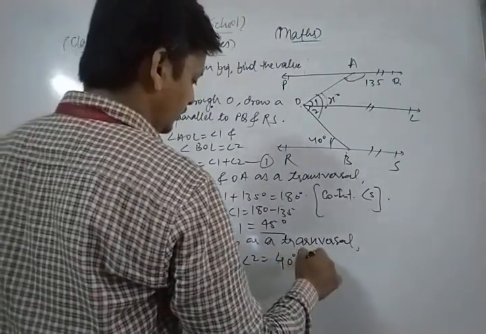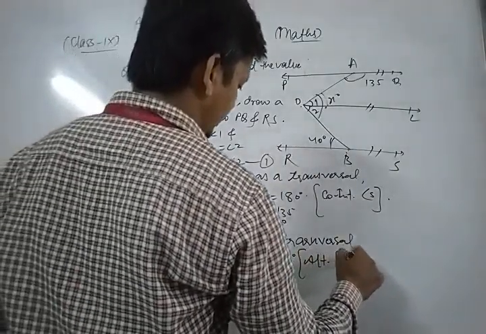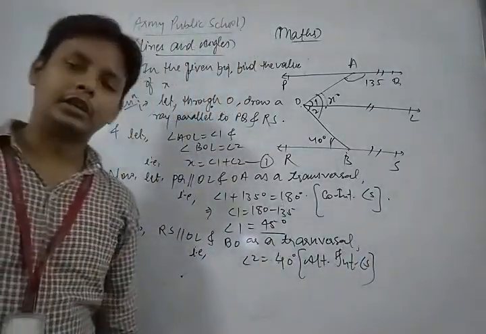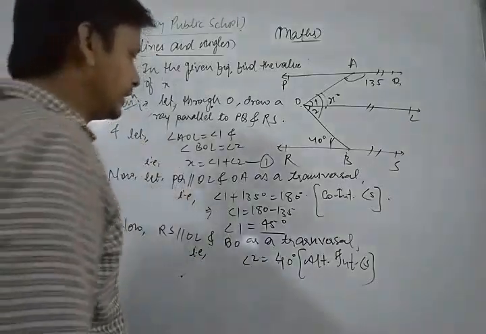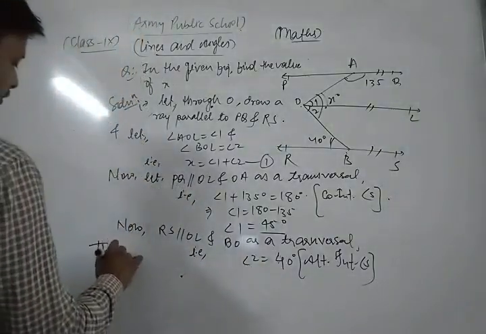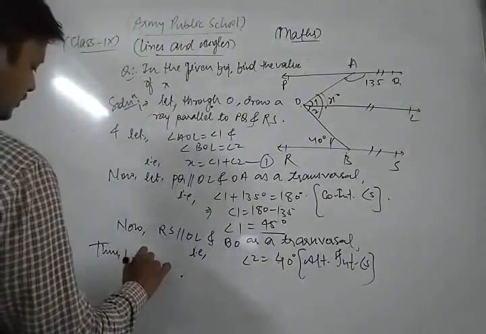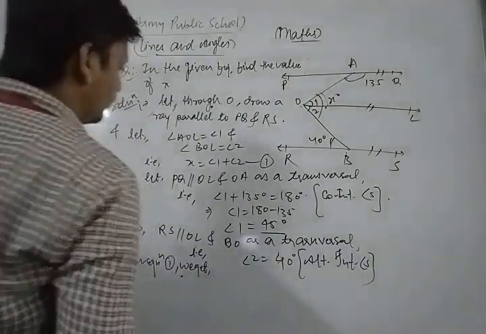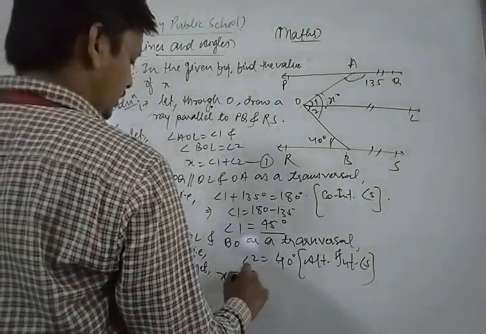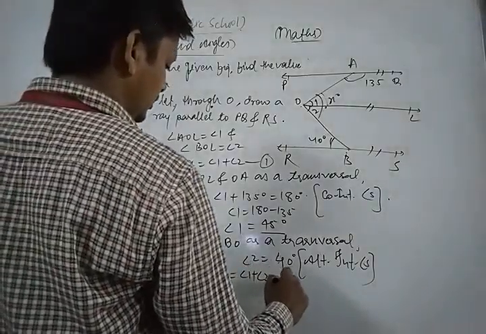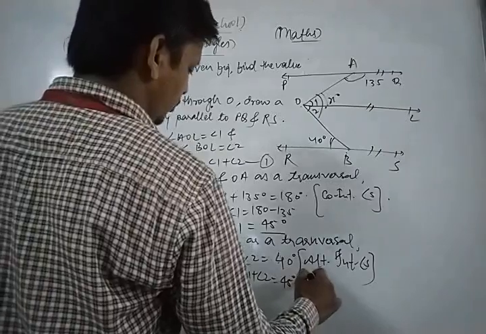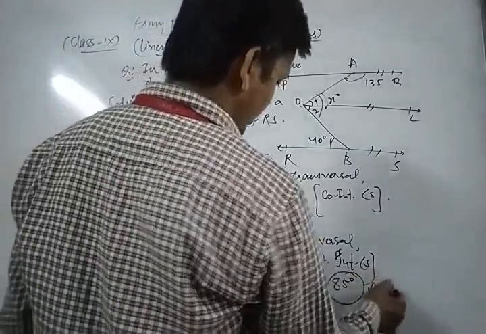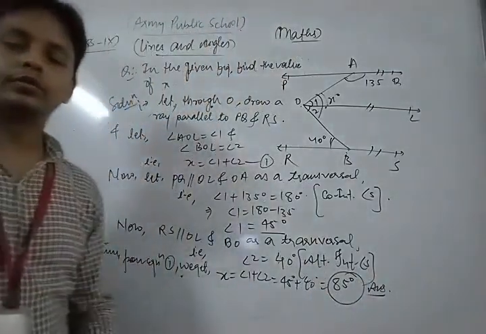These are the pair of alternate interior angles, and you know that the pair of alternate interior angles are equal to each other. So thus from equation 1 we get x is equal to angle 1 plus angle 2, that is 45 plus 40, which means 85 degrees. So this is the required solution of the given question.